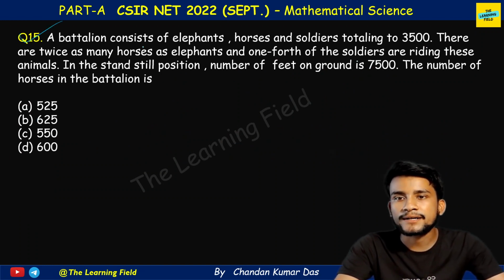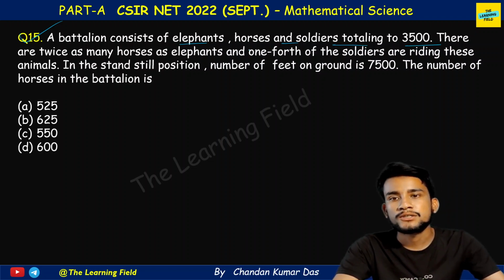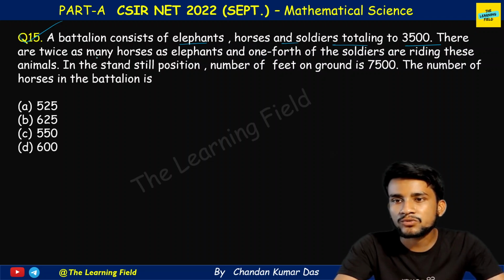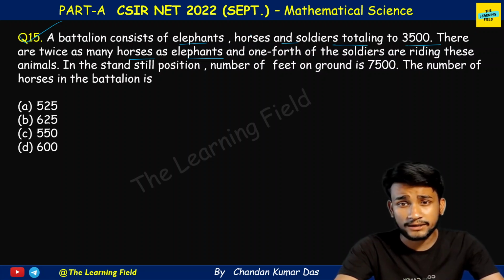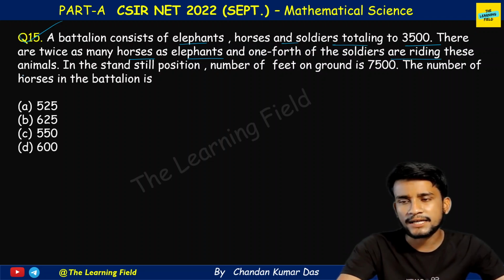It says that a battalion consists of elephants, horses and soldiers totaling 3500. There are twice as many horses as elephants, that means the number of horses is double the number of elephants, and 1/4 of the soldiers are riding on these elephants.